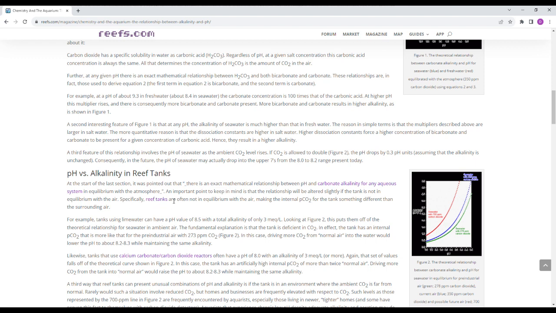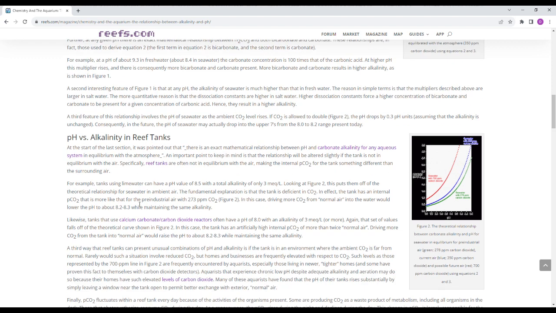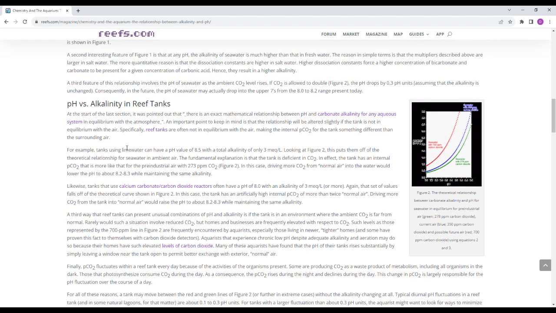Specifically, reef tanks are often not in equilibrium with the air, making the internal PCO2 for the tank something different than the surrounding air. For example, a tank using lime water can have a pH value of 8.5 with a total alkalinity of only 3 mEq per liter. Looking at figure 2, this puts them off of the theoretical relationship for seawater in ambient air.